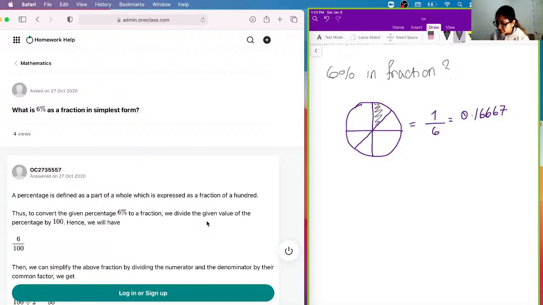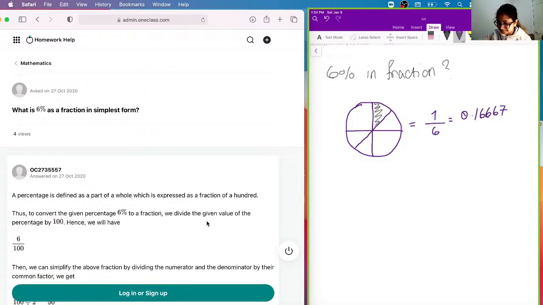Okay. So keeping this in mind, we can basically find the fraction of 6%. When we're dealing with percent, if it gives you a percent, we assume that this is part of a whole, basically one full thing. In this case, we are saying that 6% is out of 100, so 100 resembles one whole piece.